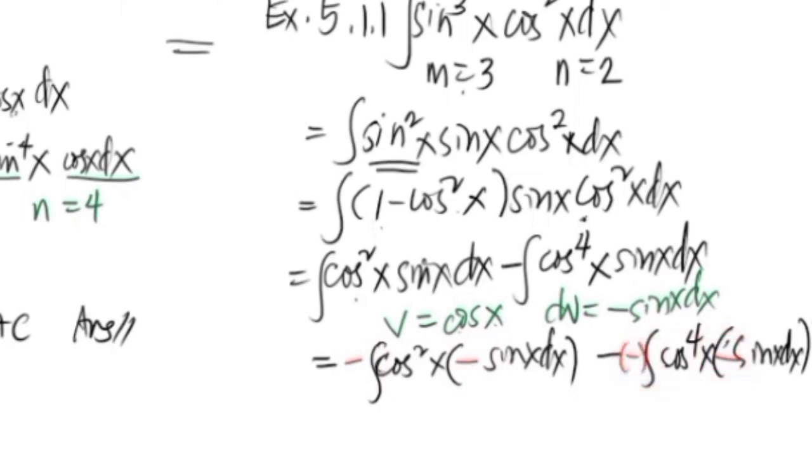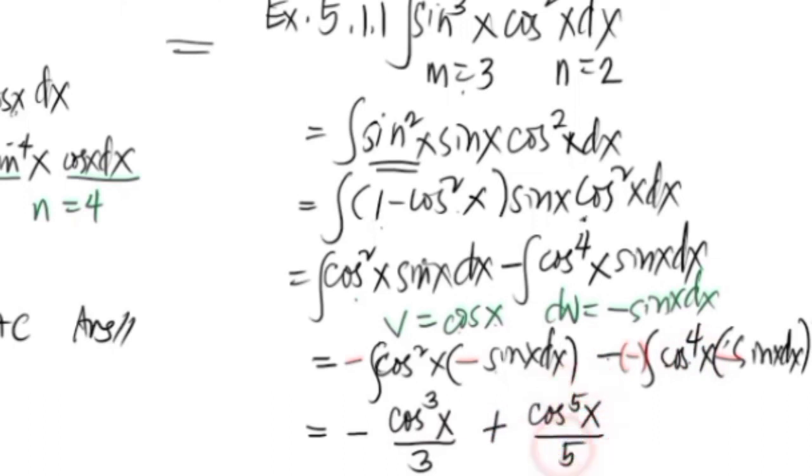Now, applying the general power formula, since derivative niya na to, then it's n plus 1 over n plus 1, so it's negative cosine cube over 3, negative times negative, so that's positive, cosine to the fifth over 5 plus c, and this is our answer.